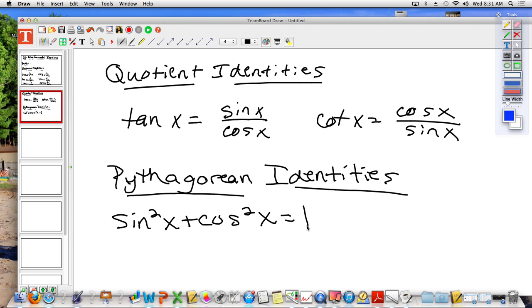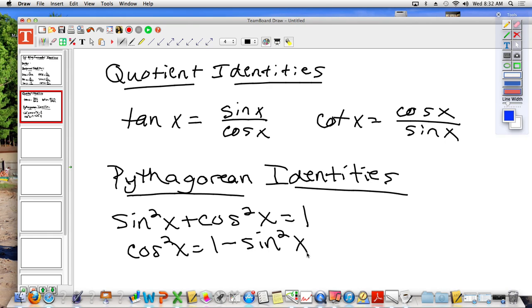You guys remember this one? But there were also 2 other ways we could write this. We can move things around a little bit. I could take this sine squared of x and subtract it from the left-hand side of the equal sign, which would mean I would have to subtract it from the right-hand side as well. So you could also write this Pythagorean theorem identity as the cosine squared of x is equal to 1 minus the sine squared of x.